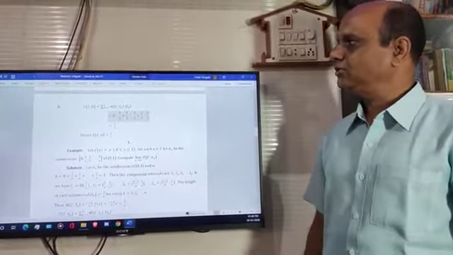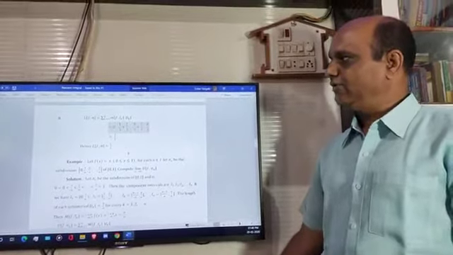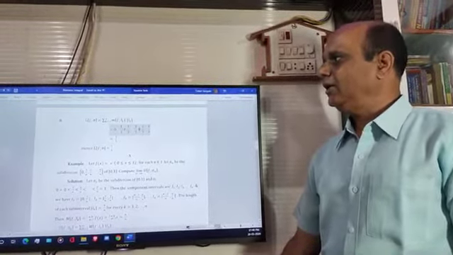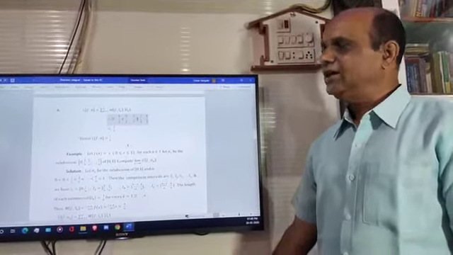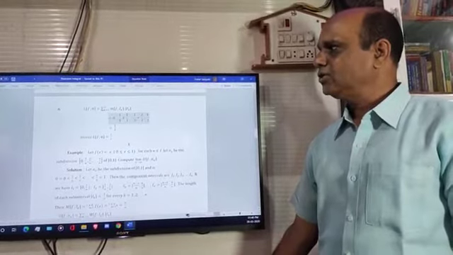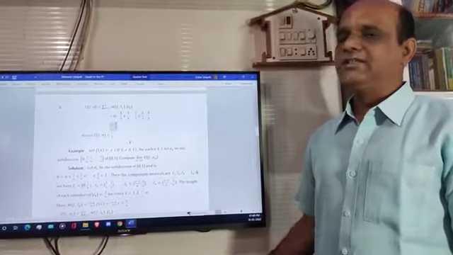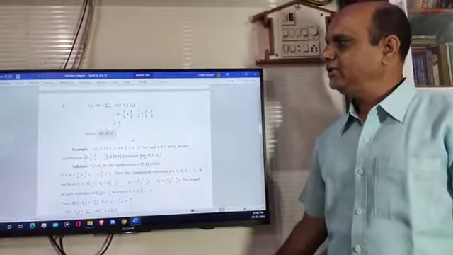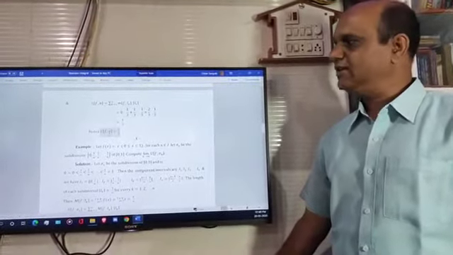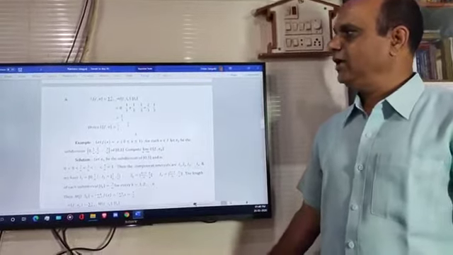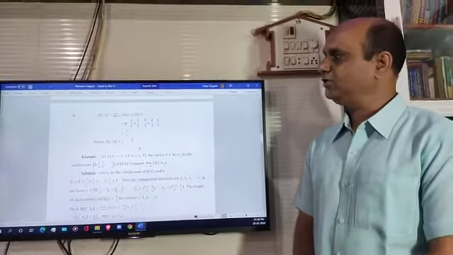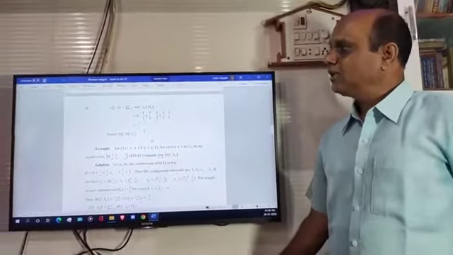The minimum of the function in the second component interval is 1 by 3, into its length 1 by 3. And the minimum of the function in the third component interval is 2 by 3, into its length 1 by 3. Simplifying this, we get 1 by 3, and hence the lower sum for the function f corresponding to the given subdivision sigma is 1 by 3. Hence we have calculated the upper sum and lower sum for the function for the given subdivision.